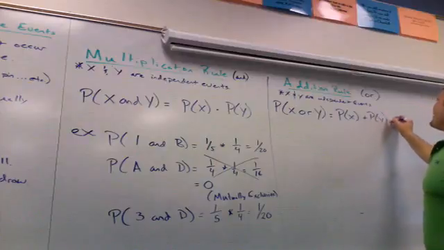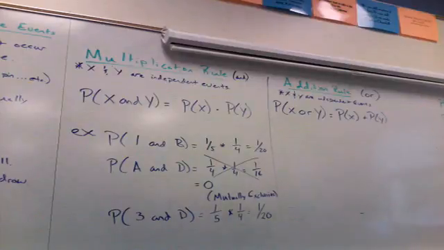Now, do you guys remember when we were counting sample spaces? We were counting boxes, right? If we did the probability of 3 or C, and we had our sample space out, we count all the 3's and all the C's, right?